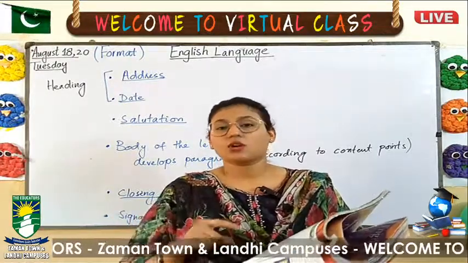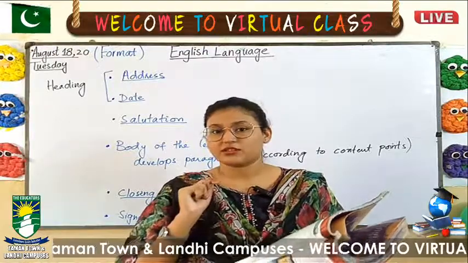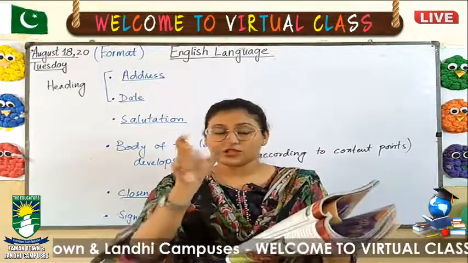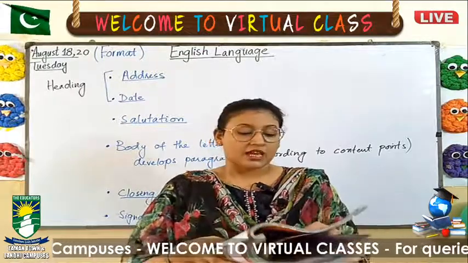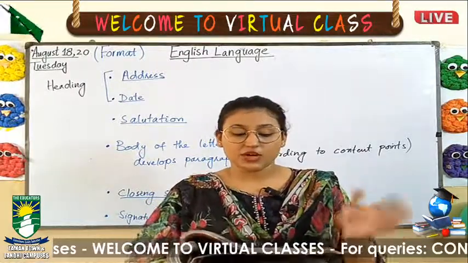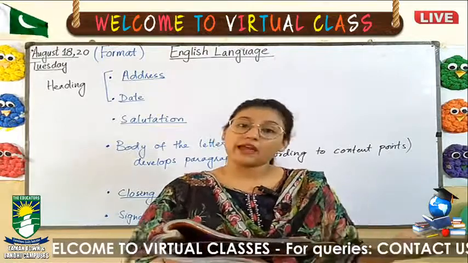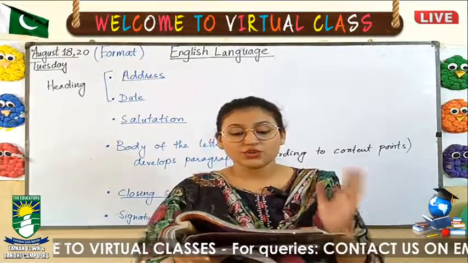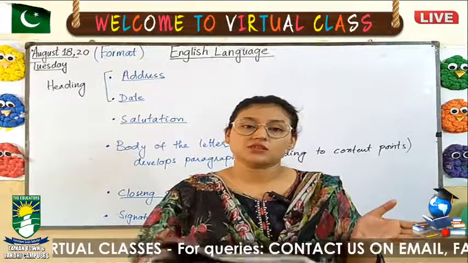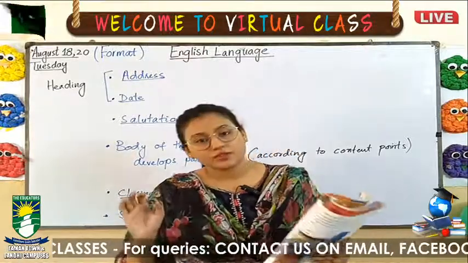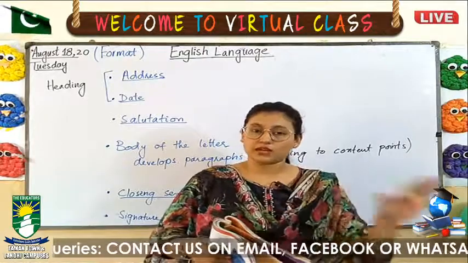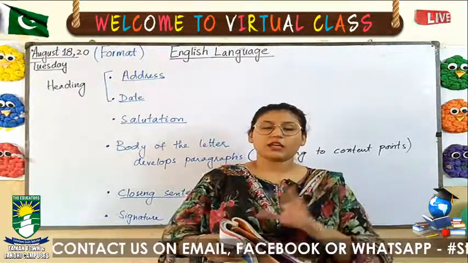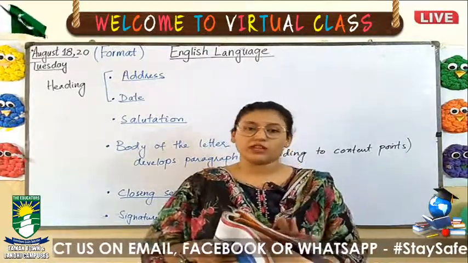It means you are writing your letter in the past, so you will use past tense. Tell your aunt whether or not you have confidence in his treatment, whether he has given the correct medicine or not. You have to write that in the last paragraph.